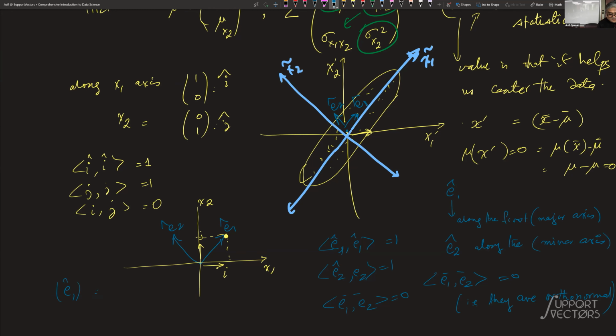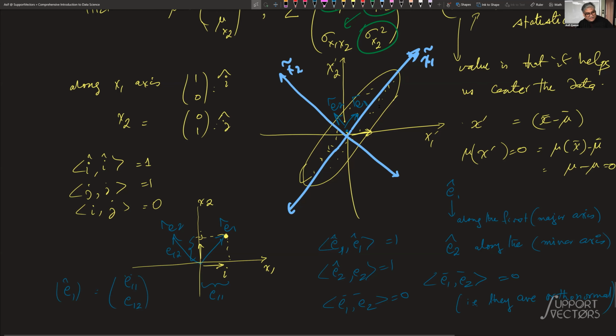Let me call them E11, E12. Because this vector can be represented in the original coordinate system like any other point. A vector is a point, and that point has some coordinates.